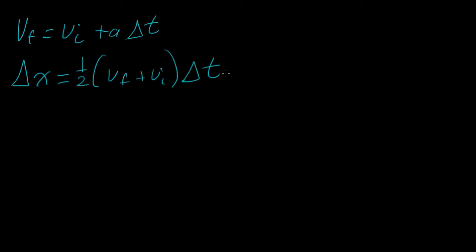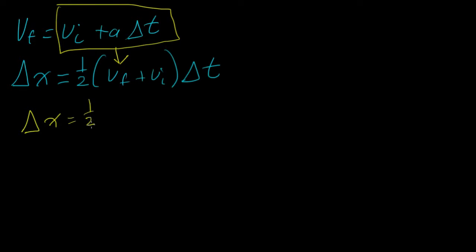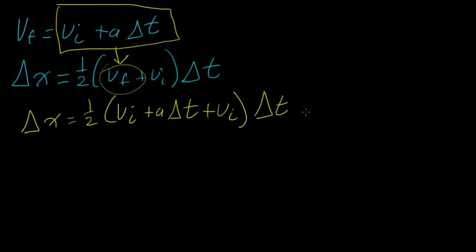What we're going to do here is substitute this into here for Vf, because Vf equals that, so we can do it. So this is what it's going to look like. We're going to have delta x equals 1/2 times, instead of Vf, we write Vi plus a delta t. That's just this part. We still have to add Vi, the one that was already there. This one got plugged in, this one was still left, times delta t.